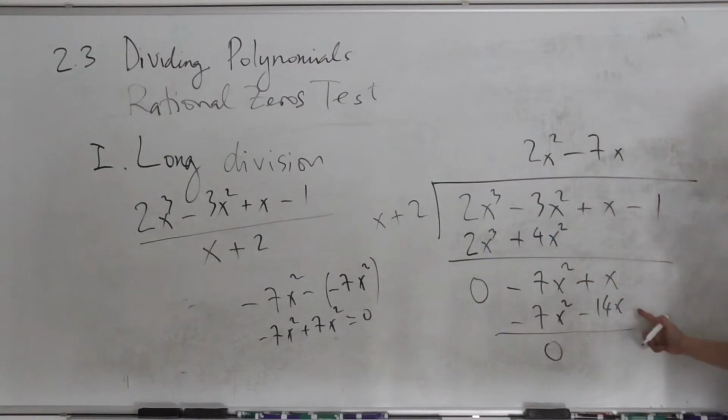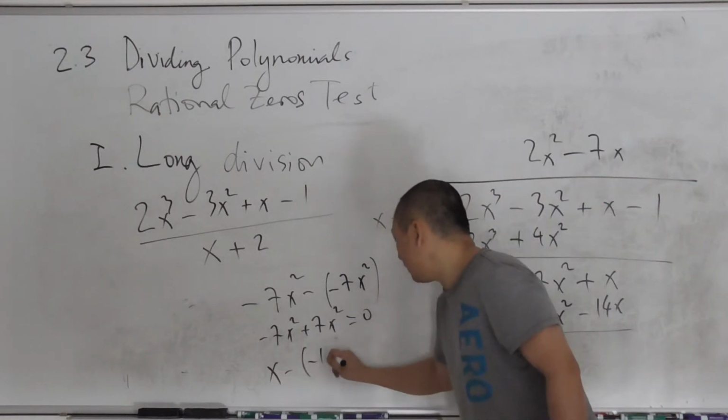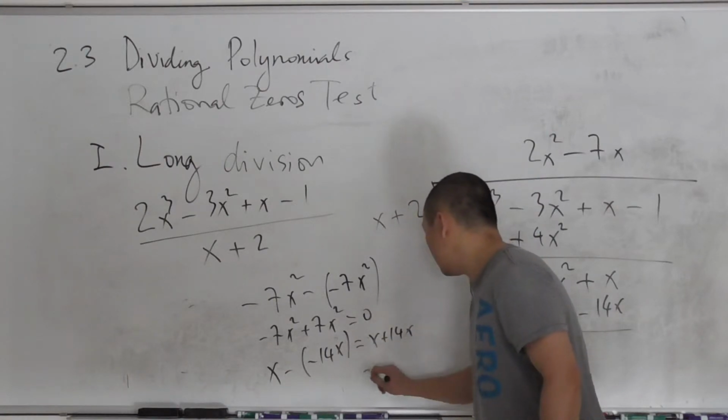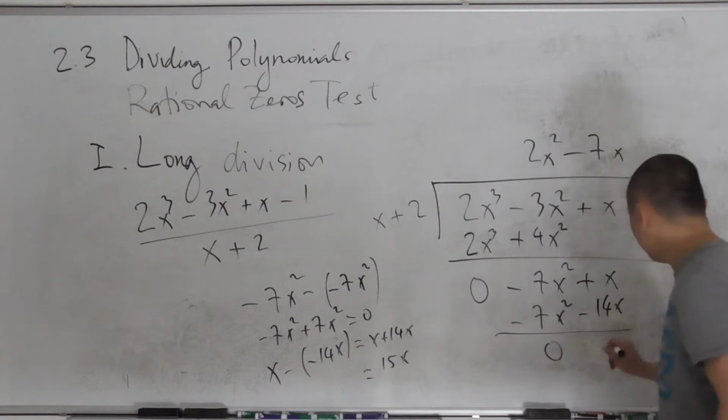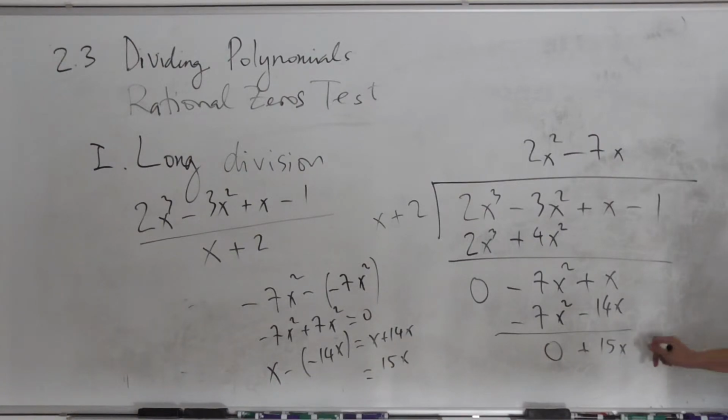What about the second term right here? x minus negative 14x. That is just x plus 14x, which is 15x. So this is positive 15x. Even though the idea is the same, you have to be very careful when you do the algebra. Don't make any silly mistakes.